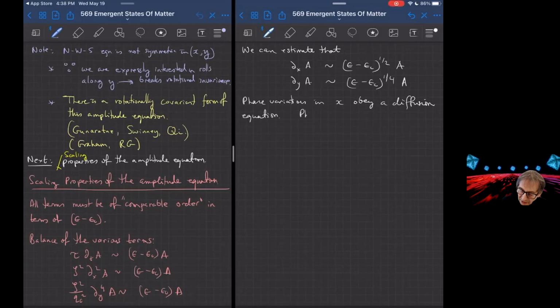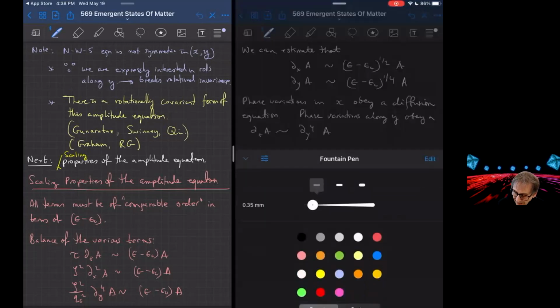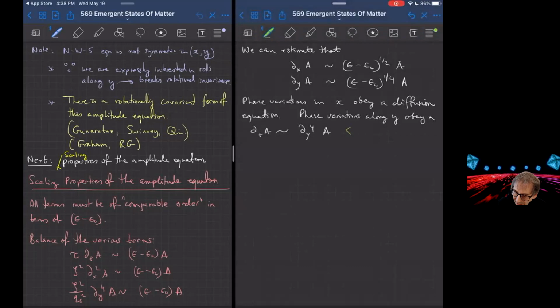But phase variations along y obey an equation that looks something like this. And some of you may recognize this. This is sort of like a bending beam equation.